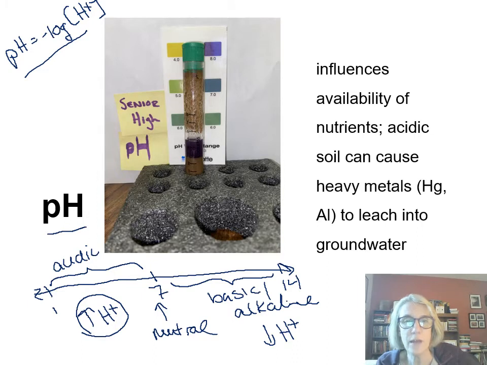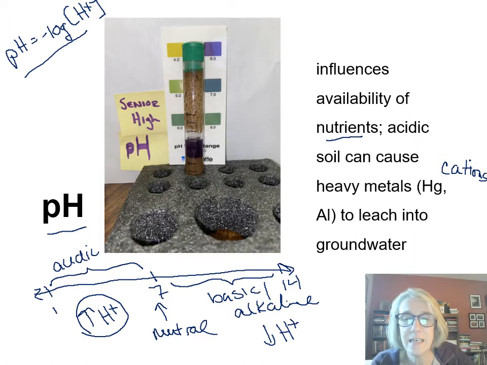So now if we look at the pH of the soil, again, like most things in biology, we want around neutral pH. So the pH of the soil is going to influence the availability of nutrients. If the soil is too acidic, it can cause heavy metals to leach into groundwater. These heavy metals tend to form cations.